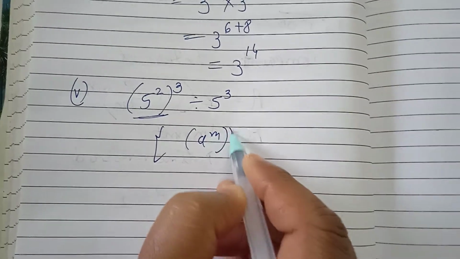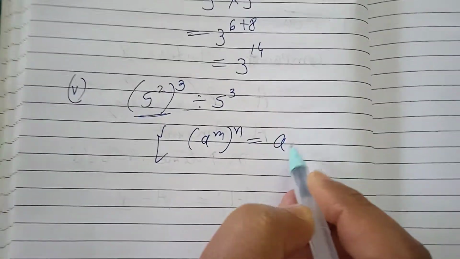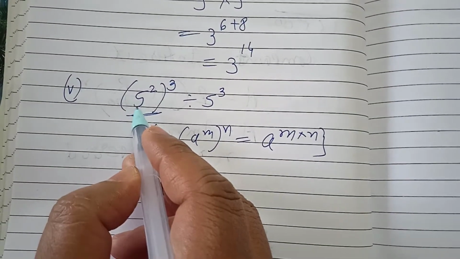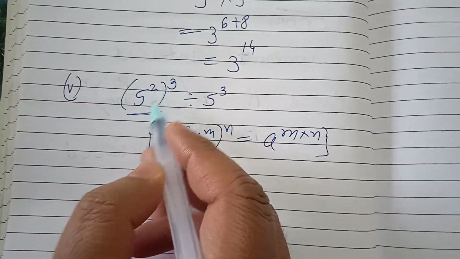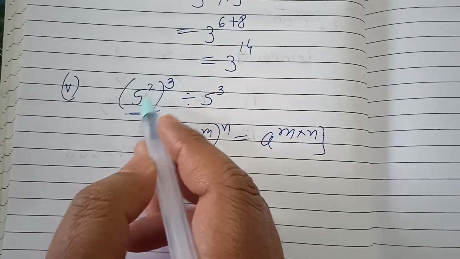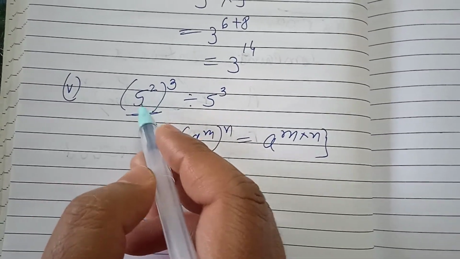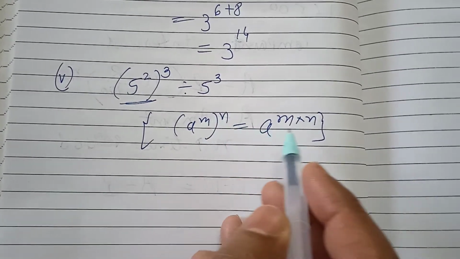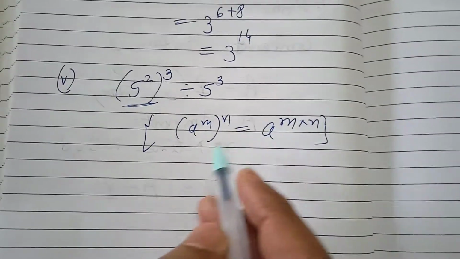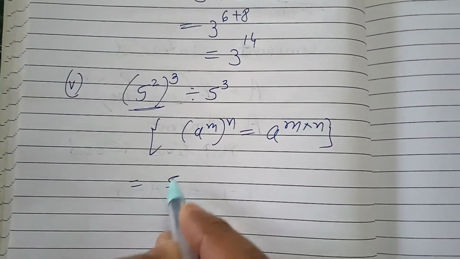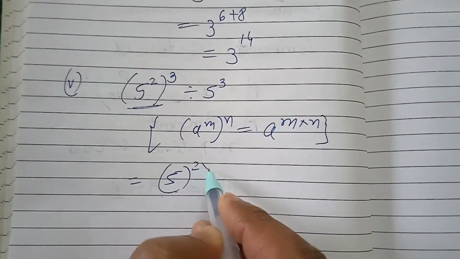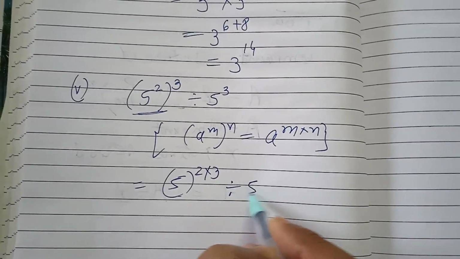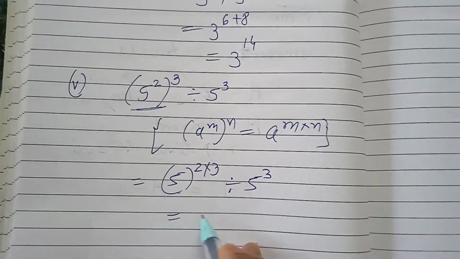A power m bracket to the power n is equals to a to the power m into n, because here only one base and two different powers here. Power to the power, यहाँ पे power का ही power है. So we can use this law. A power m bracket to the power n is equals to a power m into n. Then we get here 5 to the power 2 into 3 and here divided by 5 to the power 3.